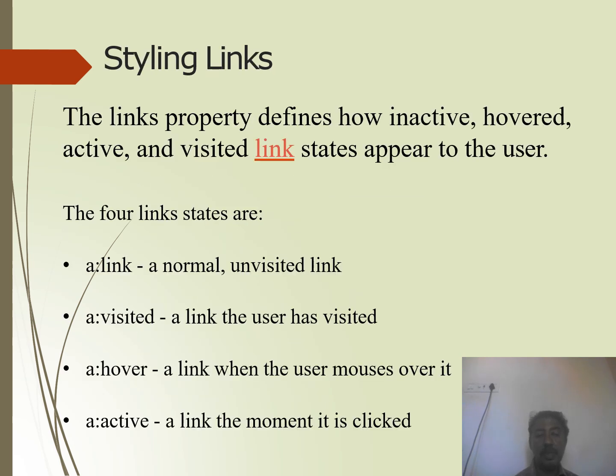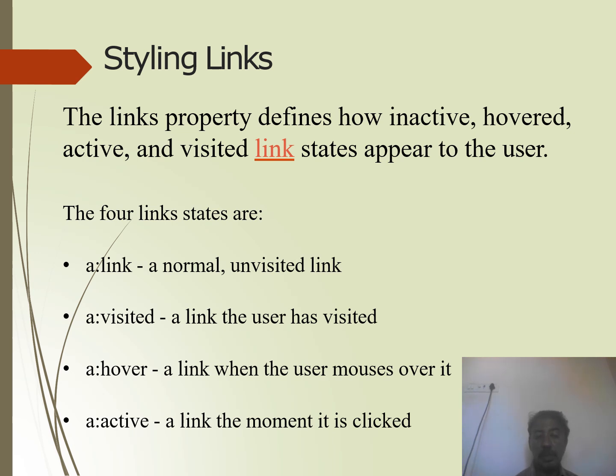Then next we will talk about styling links. This is done by the link property. We are telling that 4 link states are there. Therefore, a:link is a normal, unvisited link, a:visited is a visited link. After visiting only, it will change the color.